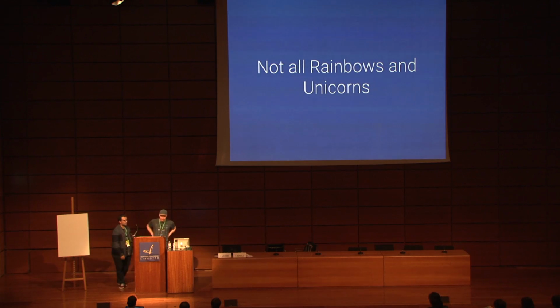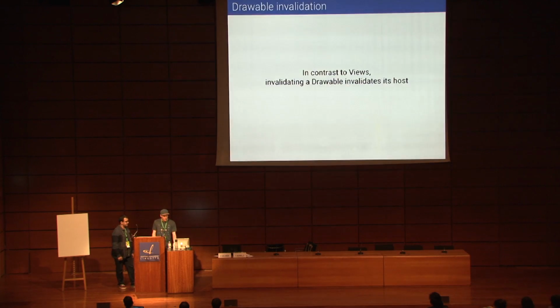Yeah, so this was awesome. Super performant views. However, they don't do everything well. Let me start with an example of where they don't do drawing well, which is contradictory to what we've said, but not really, and you'll see why. A very important aspect of Drawables is that, in contrast to views, they do actually invalidate their parent when they invalidate themselves.